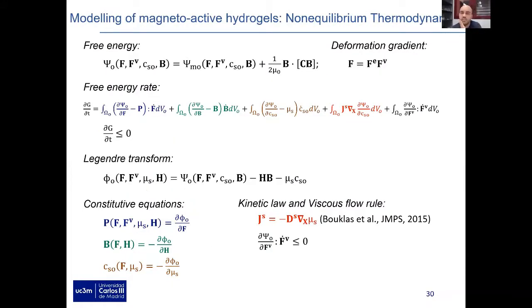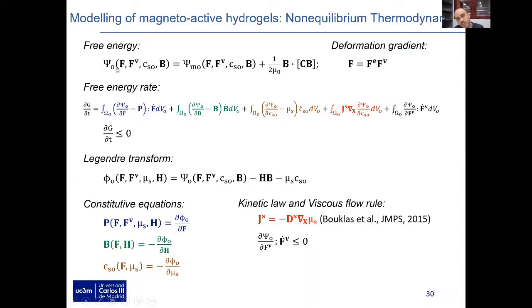So we made use of non-equilibrium thermodynamics theory. First, we describe a total free energy in two different components. The first one is the free energy associated with the material, and the second one is the free space associated energy.